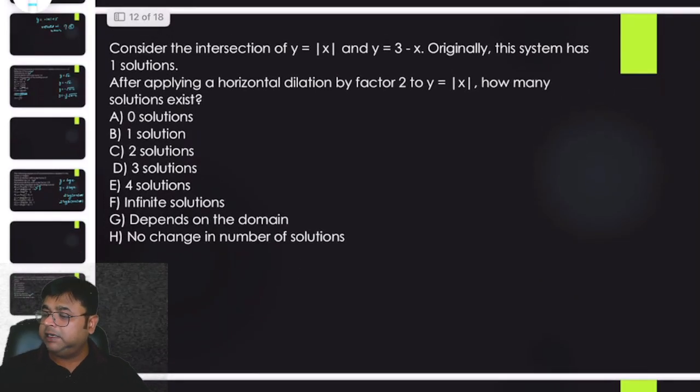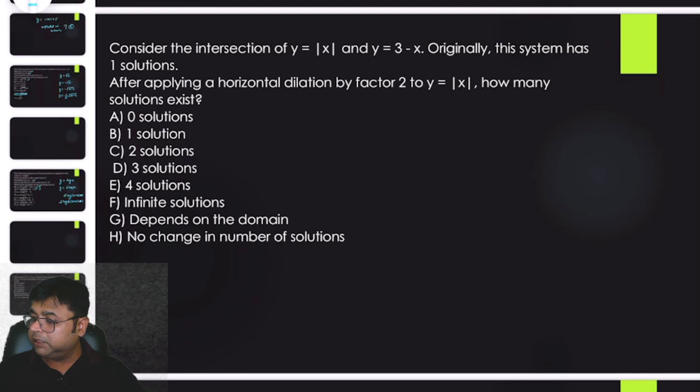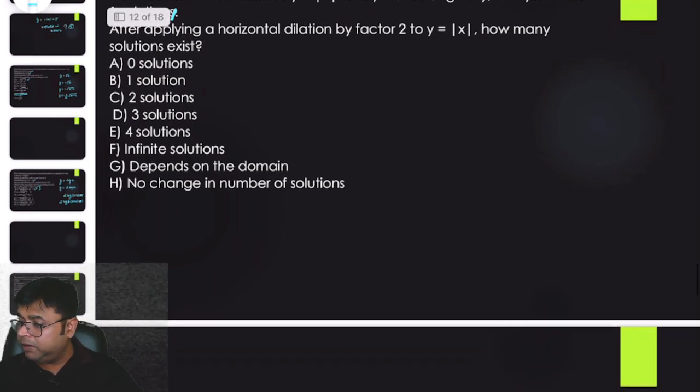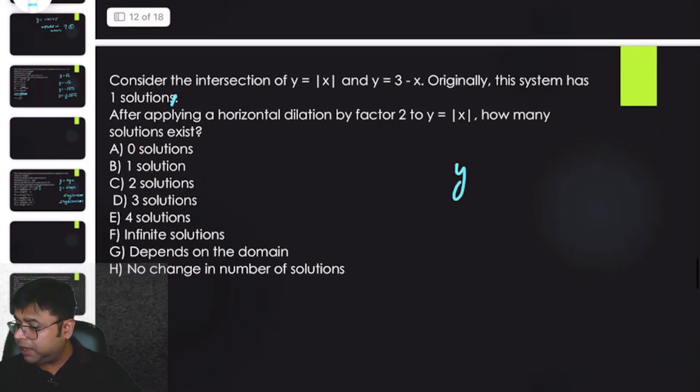It says consider the intersection of y equal to mod x and y equal to 3 minus x. Originally, this system has one solution. After applying a horizontal dilation by a factor 2 to y equal to mod x, y will become y equal to mod of x by 2.